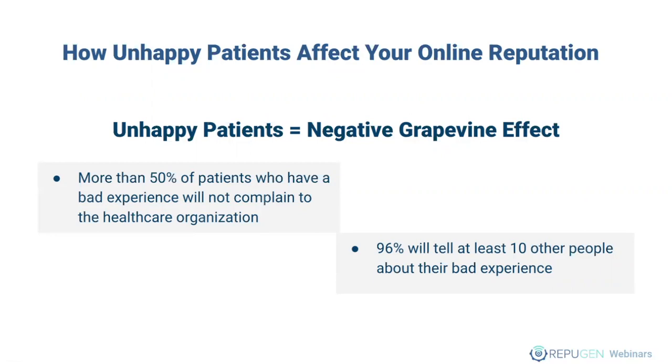And most of them will express their displeasure online in your online reviews as well. So when you do not tend to your unhappy patients' feedback with service recovery before they have a chance to go on and express their negative feedback to the world, it will not only negatively impact your revenue, but it will also negatively impact your reputation and your online reviews.